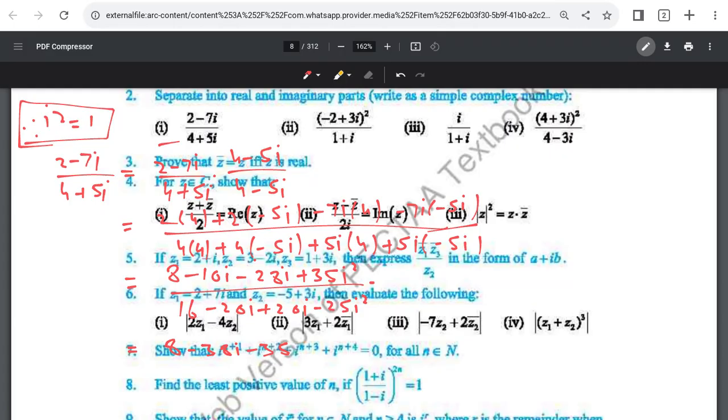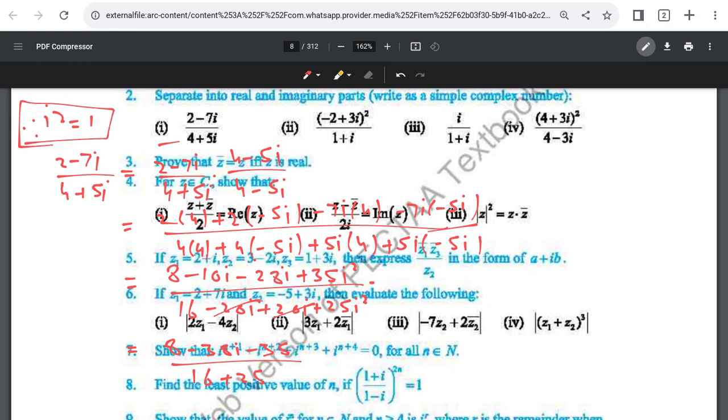So now in the denominator, these are cancelled by each other, and 16 minus 25, it will become plus, 25 will become plus because both are negative, so it will become positive.